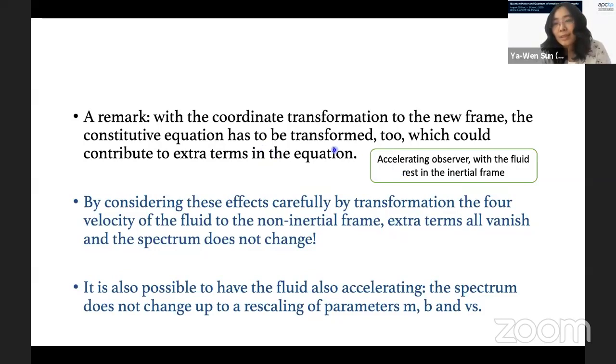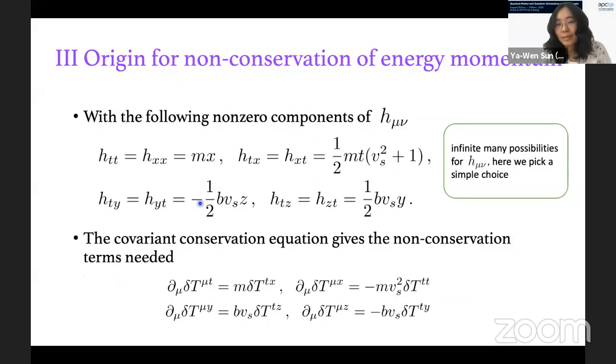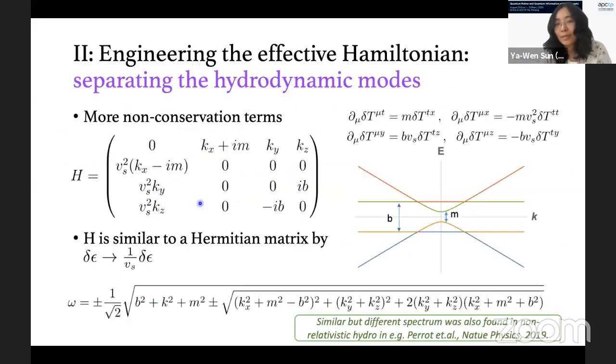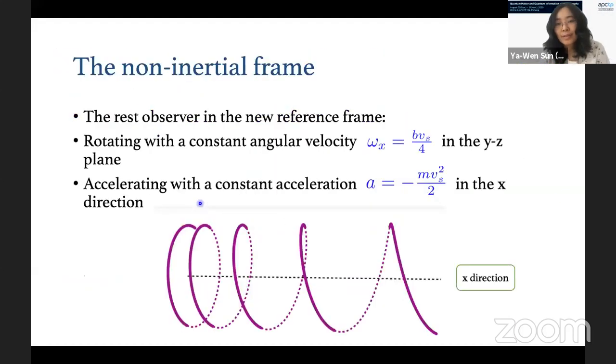In the previous calculations, we have not taken into account these changes, but we have to add them. After adding them, we found that these contributions all vanish or cancel each other. And finally, the spectrum is just this one, and there's no modification from the constitutive equations. So this is very interesting.